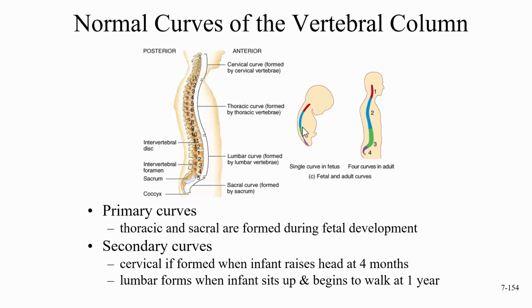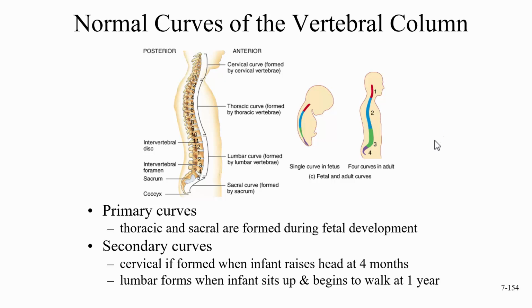Now, the secondary curves happen pretty much throughout the rest of the development. Basically, when the infant starts to raise their head and the neck muscles become stronger, then they're going to develop the cervical curve.